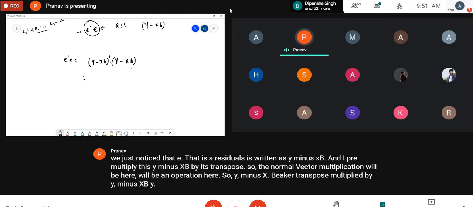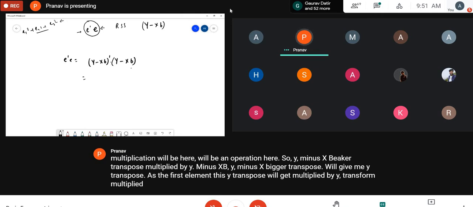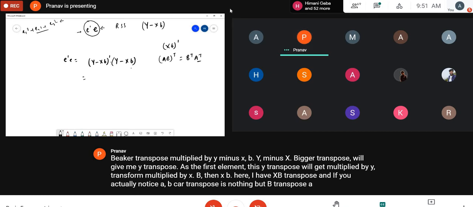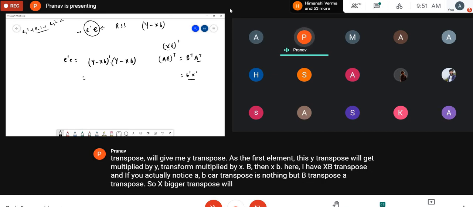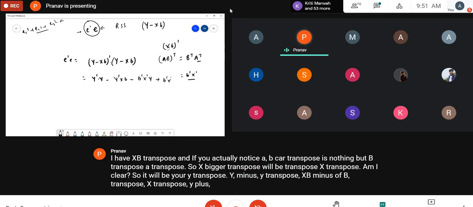The transpose of (y minus xb) will give me y transpose as the first element, then xb transpose, and if you notice, the transpose of AB is nothing but B transpose A transpose. So the transpose of xb will be b transpose x transpose. Am I clear? So it will be y transpose y minus y transpose xb minus b transpose x transpose y plus b transpose x transpose xb.